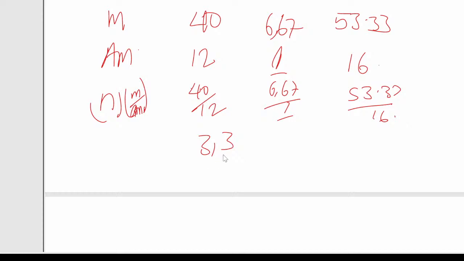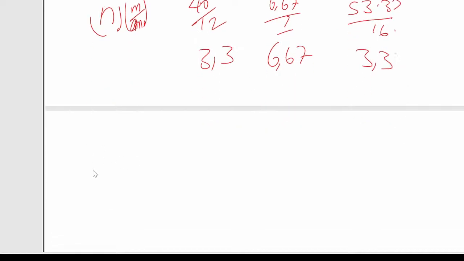Then 6.67, the same thing. And 53.33 divided by 16 is going to be 3.33. Now I need to divide by the smallest.